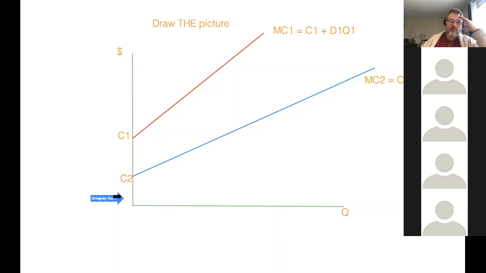If the price is super low, well, I guess if the price is below their costs, they're not going to produce anything, right? Yeah, right. So let's say C2 is $5. And then let's see if it'll let me move it over so it looks better.